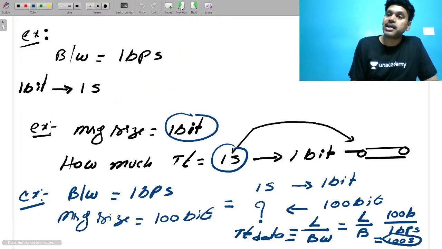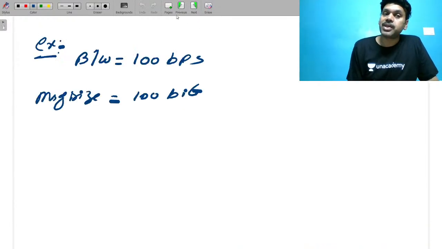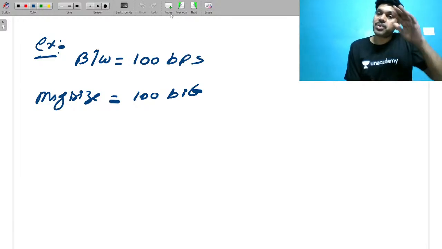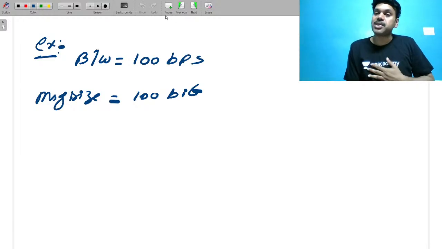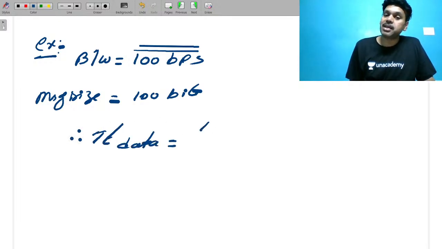In the earlier example I got 100 seconds of time. Now, if I want to reduce your transmission time, I am not going to decrease your message size. I just took a larger bandwidth. So your transmission time to place your data onto the media is the length of data divided by bandwidth.